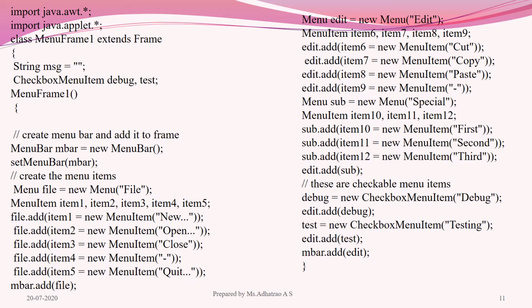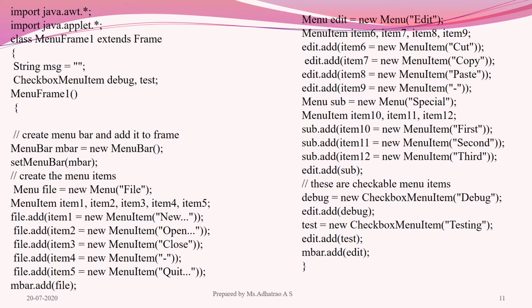So first create the menu bar object, then create a menu object. So I have menu items New, Open, Close and Quit. While creating my menus, the menu items are added to my menus.